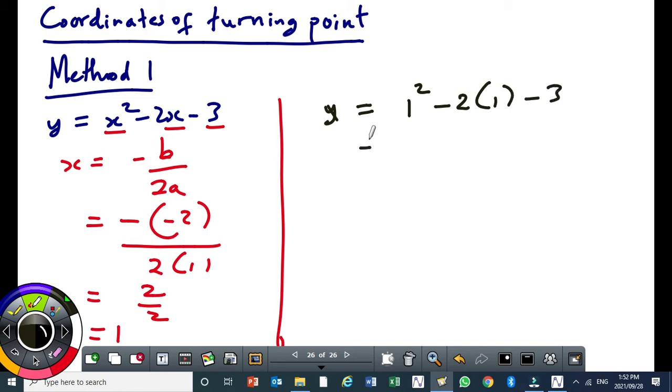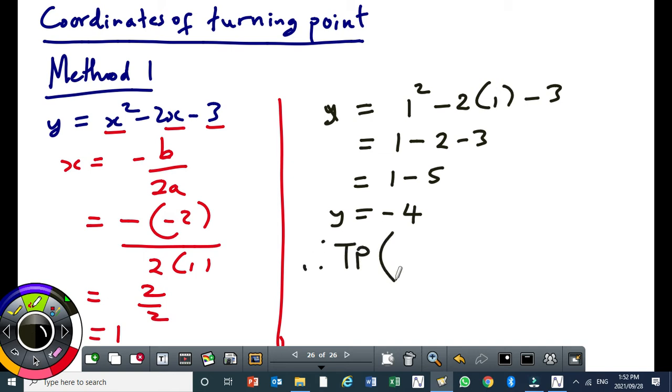This will give you 1 minus 2 minus 3, and you get 1 minus 5, and that will give you negative 4. Therefore, the coordinates of the turning point, you don't write turning point equal to no. It is a point, you must write it in coordinate form. Turning point, x, what is x? It's 1. What is y? It's negative 4. So these are the coordinates of the turning point.